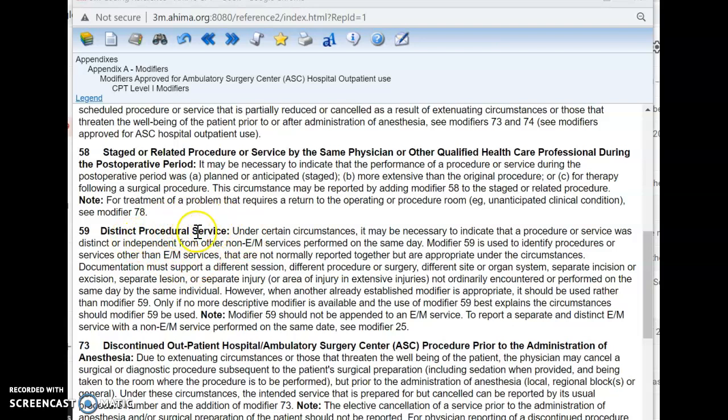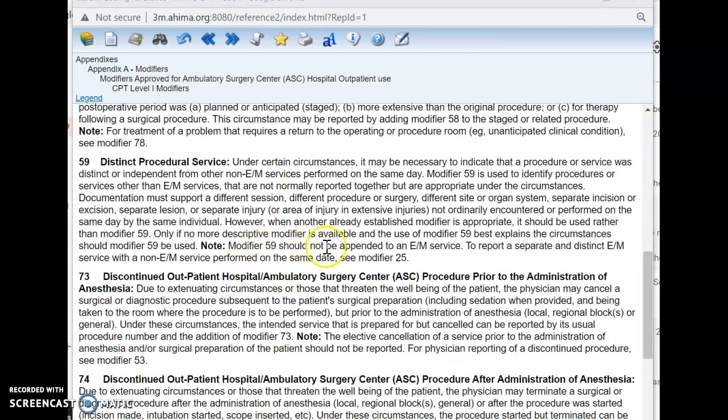This is a procedural service. This is my issue. I don't think this answer is correct because here it's procedural service. This patient here, these were a lot of different areas. So let's go ahead and look, because here it says 59 should not be put on an E&M. Okay, that's why I'm having issues with it.